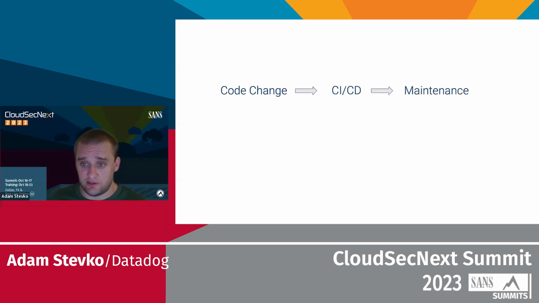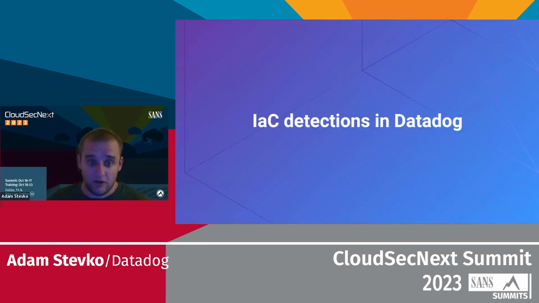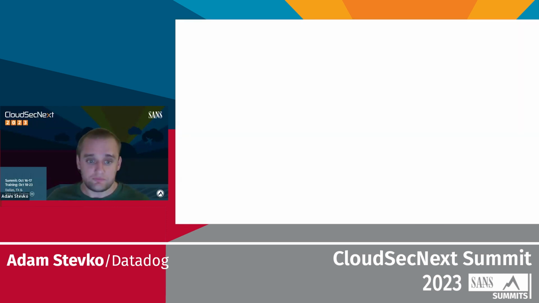And then we are entering the maintenance phase where the resource has been created and we are using the standard cloud resource lifecycle. So code change and CI/CD would fall under development, and maintenance would fall under the runtime detections.